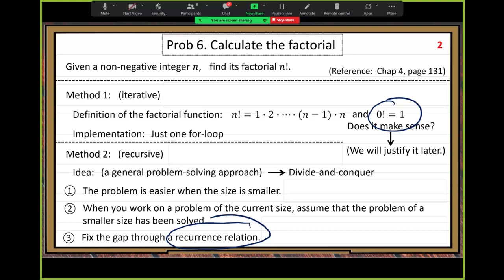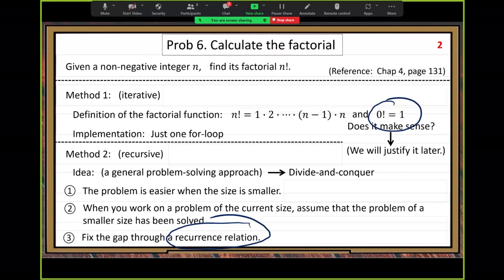After we derive the recurrence relation, we can use the divide and conquer approach to write its implementation, so we can solve a very hard problem in a simple way, this recursive way.